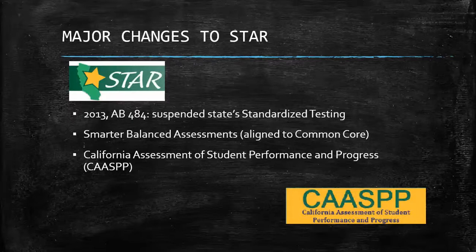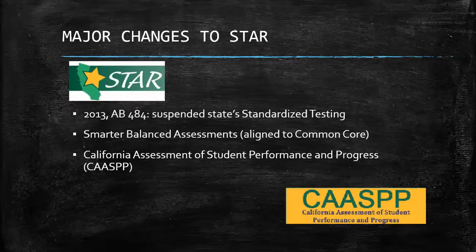So with some of these criticisms in mind, there are huge changes coming to STAR. First off, in 2013, Assembly Bill 484 essentially suspended state standardized testing. They did this to allow schools time to prepare for the new Smarter Balanced Assessment, which aligns to Common Core.